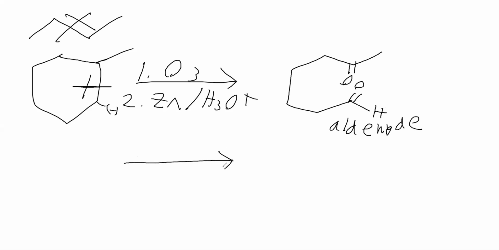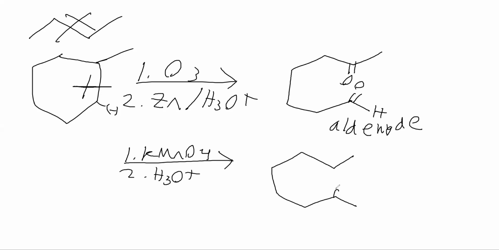But another way that we can cleave these is with KMnO4. So same substrate. So the top is a ketone here because there was a methyl group on the side. But on the bottom, instead of it being an H and an aldehyde, it's going to oxidize the hydrogen to form an alcohol.